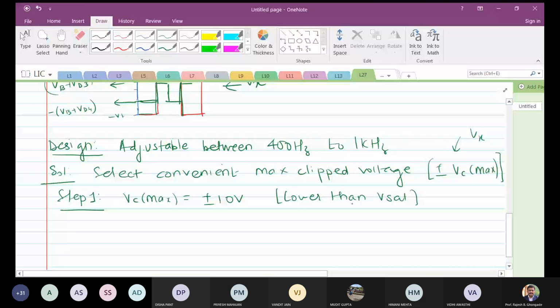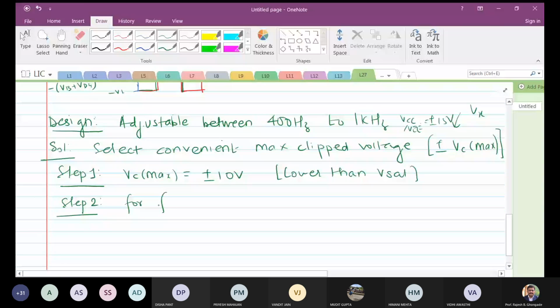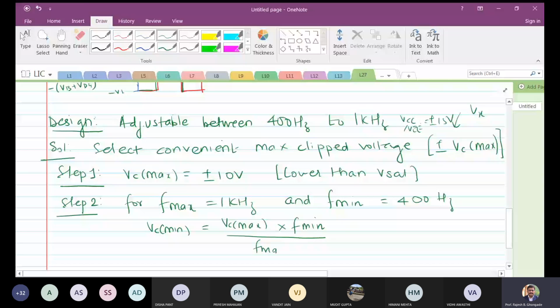All right. Now, step 2, for F max, which is equal to 1 kilohertz, and F min, which is 400 hertz, VC min is equal to VC max into F min divided by F max, because both the voltages are going to be the same.